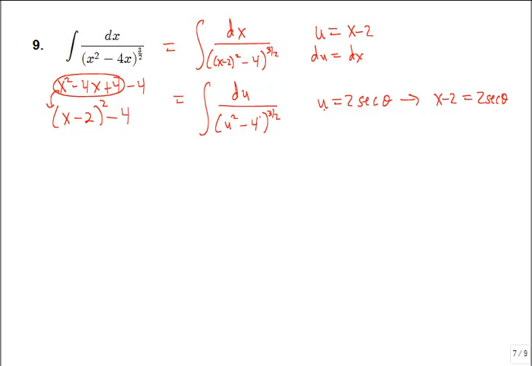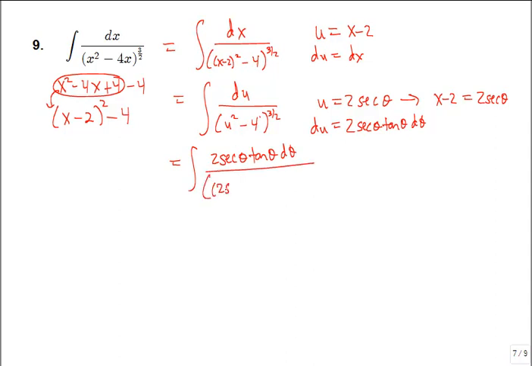So if I stick with my u, then du would be the derivative of 2 secant theta, which is 2 secant theta tangent theta d theta. You really need to know those trig integrals and trig derivatives really well for this lecture. So this turns into du, which on top becomes 2 secant theta tangent theta d theta, over u squared, which is this 2 secant theta that's going to be squared.